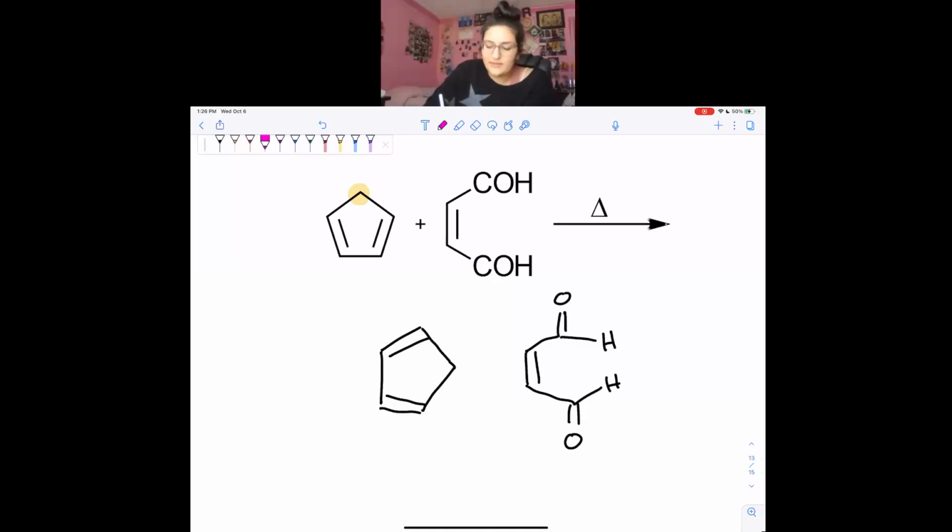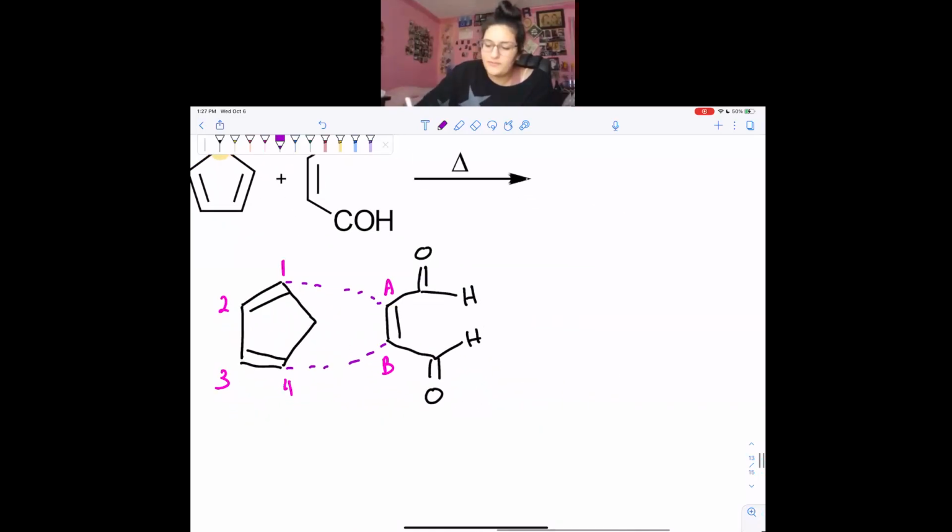For the diene, I'm going to start up here again. 1, 2, 3, 4. Ignore the point, it's irrelevant for now. And then we have A and we have B. So we're going to make our dashed line between 1 and A and 4 and B.